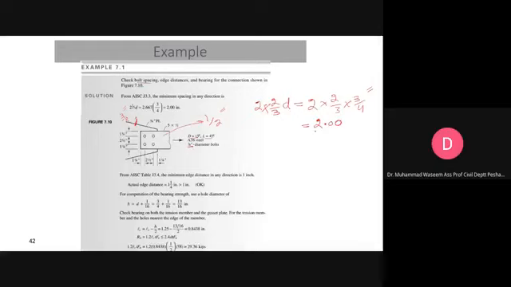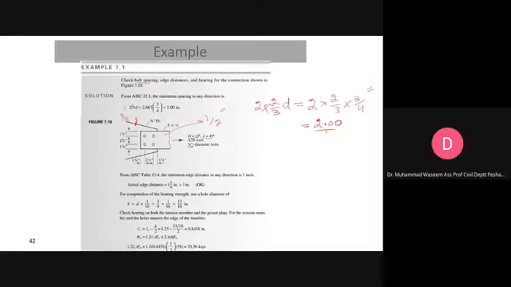So as per the code requirement, the distance between center to center of the bolts should be at least 2 inches. Now we have to compare it with the actual spacing. Actual spacing is 2.5 inches. 2.5 inches is greater than this requirement, so this is fine. Center to center spacing is fine.